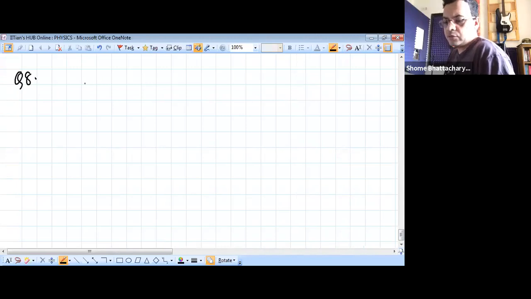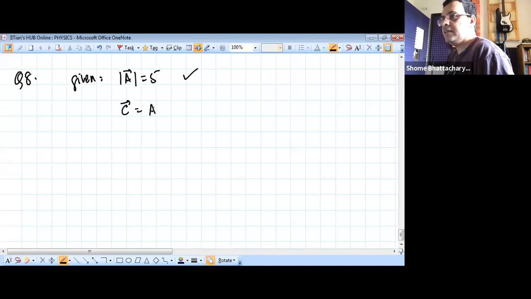So first of all, there's a whole lot of information which is given. We have to interpret that information correctly. Okay. In question 8, it is given to us that magnitude of the vector E is 5. That is the first thing given. Then it is given to us that C is a vector given by A plus 2B. Okay.